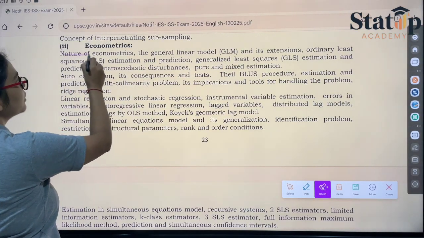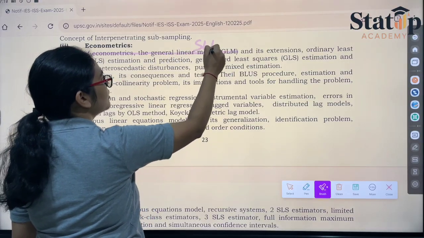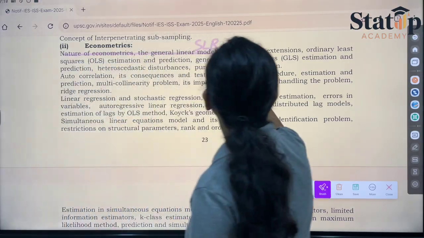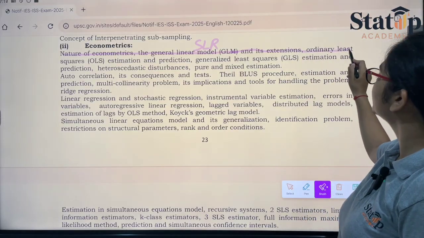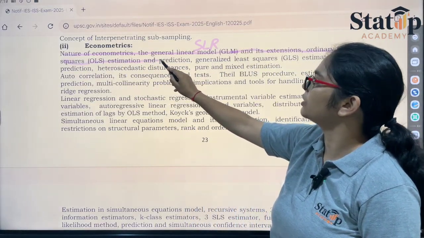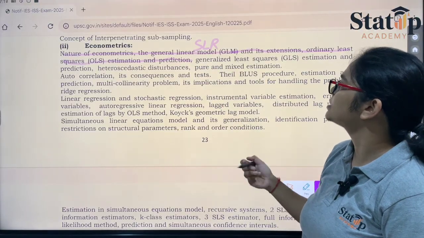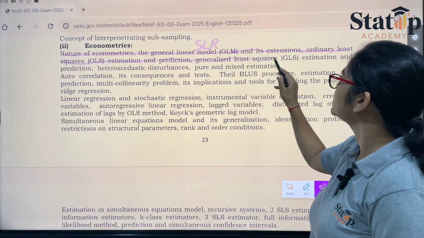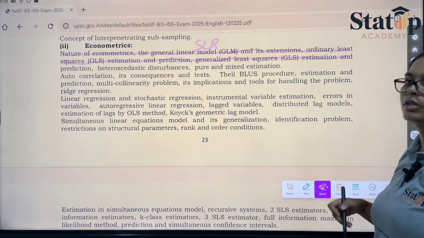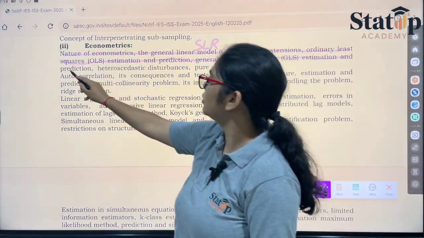General linear model, which is simple linear regression model, SLR, we have covered as well. Its extensions, ordinary least square estimation, OLS estimation, we have been doing in almost every class, and prediction of the variable, that means its estimation. Then generalized least square estimation, which is of MLR, multiple linear regression model, and its prediction also we have done.